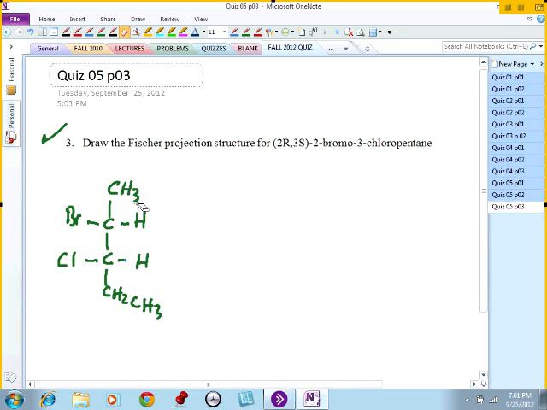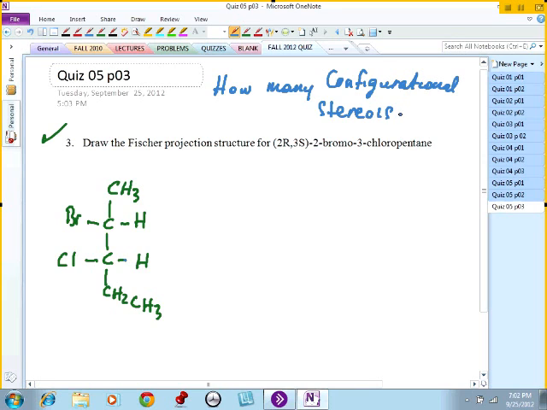Now, supposing I give you this molecule here, with two chirality carbons, and then I ask you, how many configurational stereoisomers do we have from this molecule?